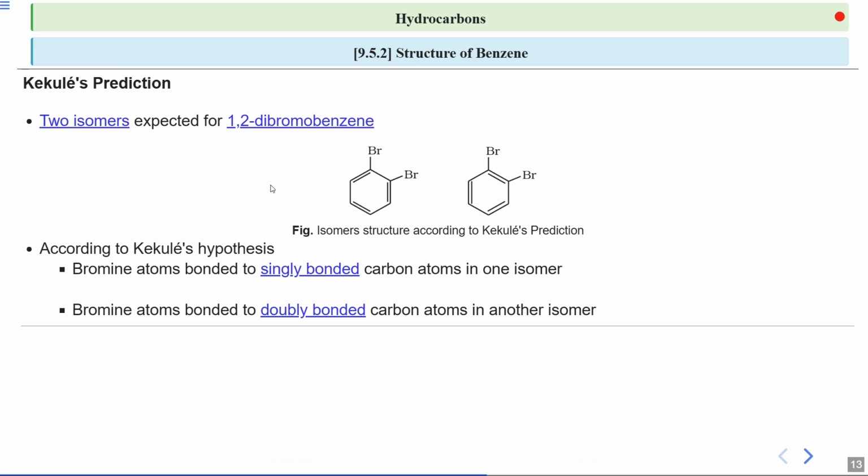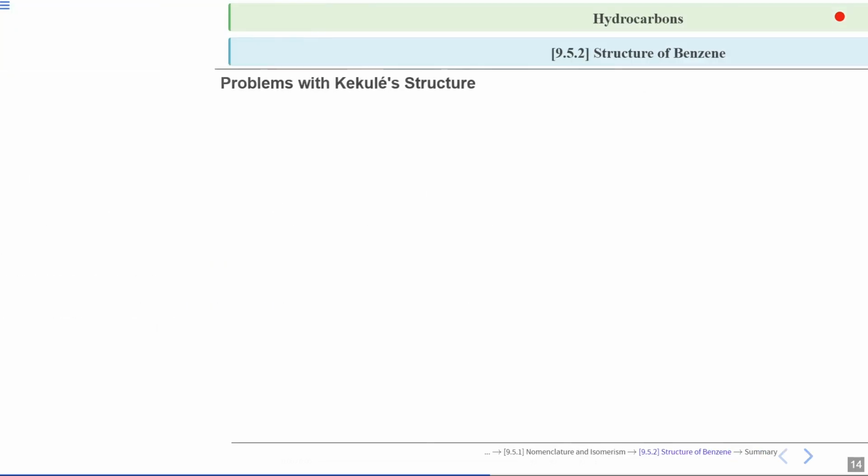In the first one, both carbons were attached by a single bond where the bromine was attached. So basically, Kekule said that these two structures are two different isomers of 1,2-dibromobenzene and not a single compound.